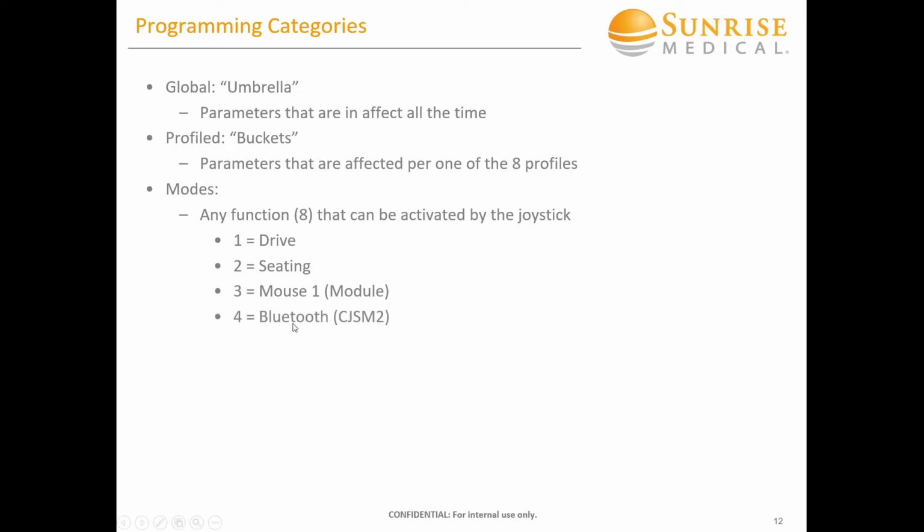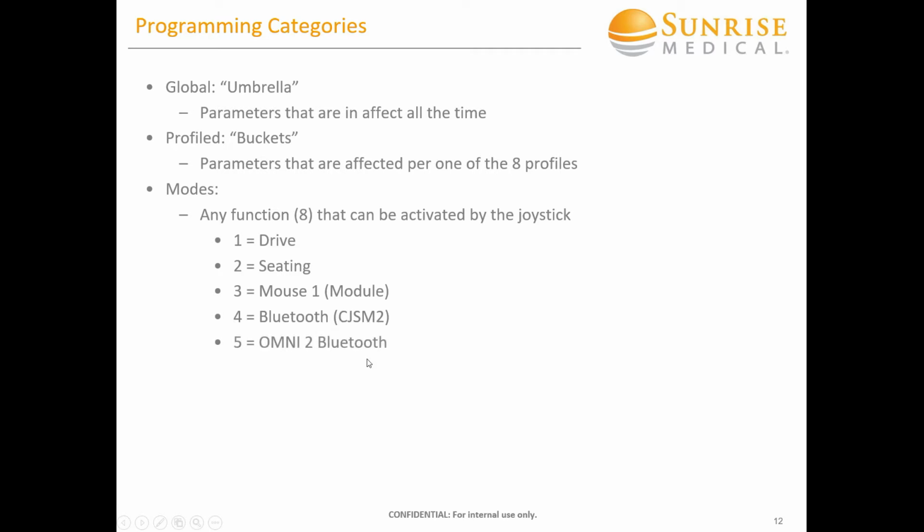But within the CJSM2, we have the ability to offer 4 Bluetooth connectivities, 2 for Android and 2 for iOS. So under mode 4, we can control those mouse movements through the Bluetooth built into the CJSM2.